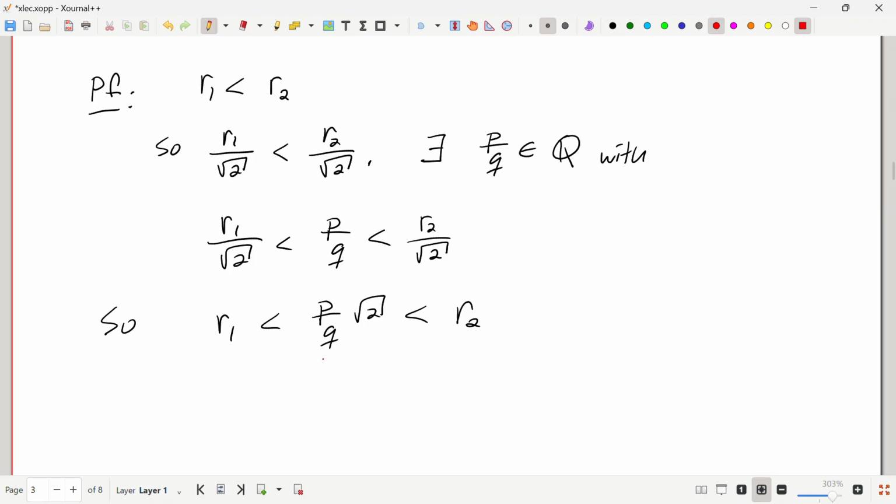And I claim that this is irrational because we know square root of 2 is irrational. Why is that irrational? Let's think about it. Square root of 2 is irrational. It turns out if you multiply a nonzero rational by an irrational, it's got to be irrational also. So it's like 12 times pi is also irrational, and 2/3 of pi is also irrational.